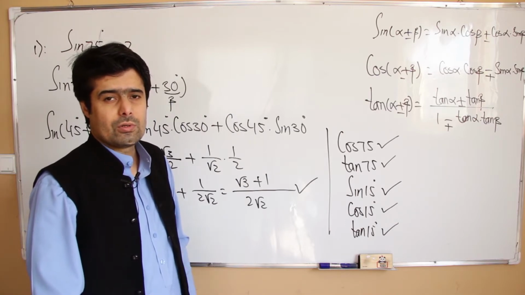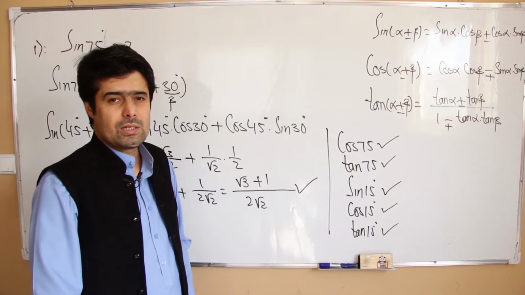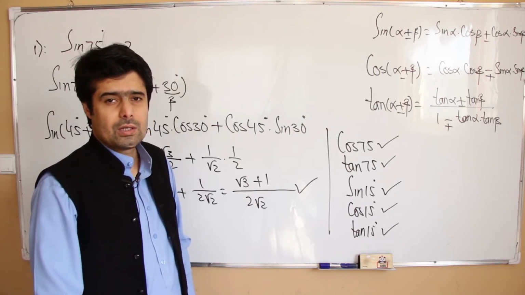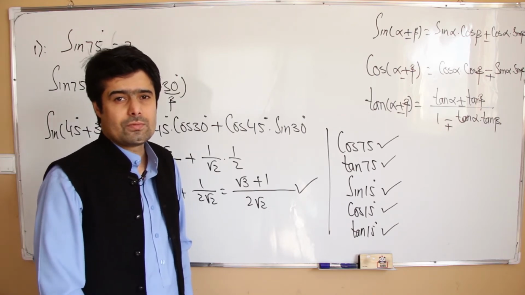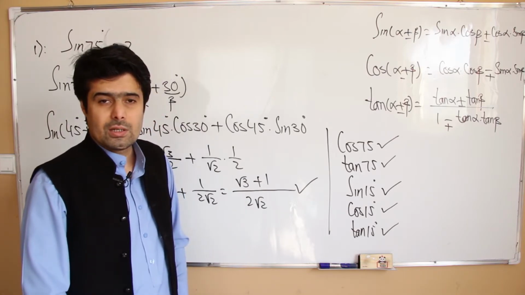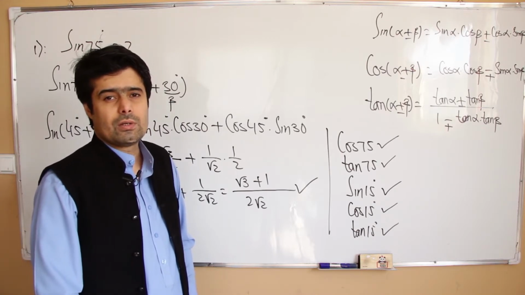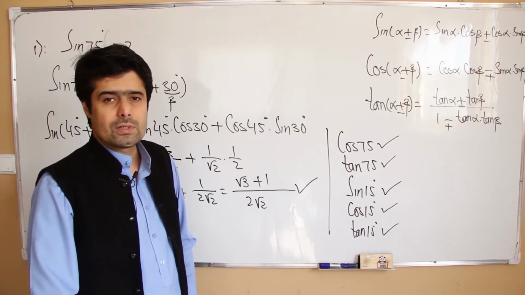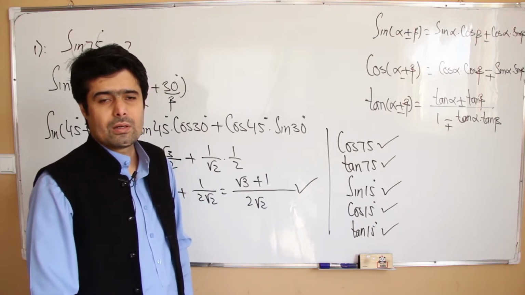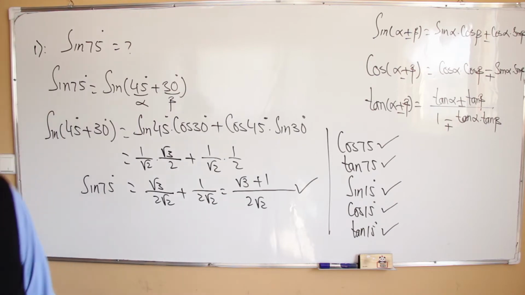I think 45 minus 30, or 60 minus 45. 60 minus 45 is also correct. You know the trigonometric ratios of 60 degrees and also 45 degrees, and 45 minus 30 is also correct. You know all the trigonometric ratios of 45 degree and 30 degree. Both give a similar answer. Write it please. We will proceed.